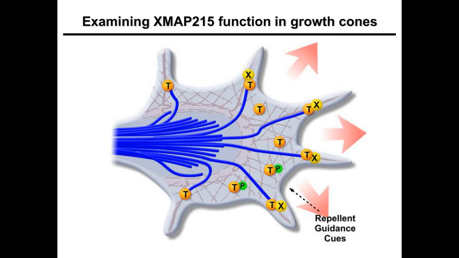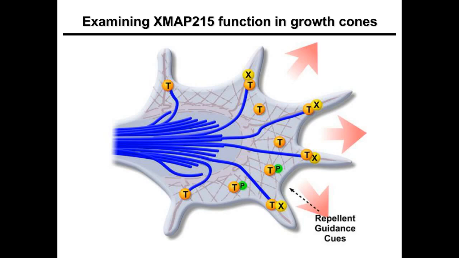Now, at this point, I want to switch gears and talk a little bit about XMAP215 function in growth cones. I told you that it's the classic microtubule polymerase, and so you would predict that more XMAP215 function would lead to faster microtubule polymerization, and reducing XMAP215 function would lead to slower microtubule polymerization.